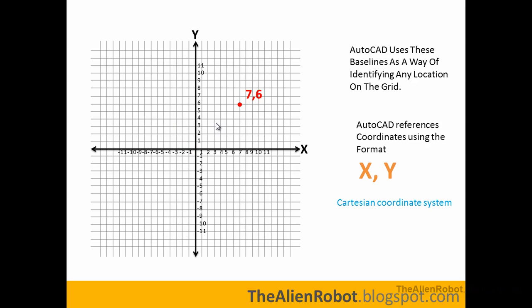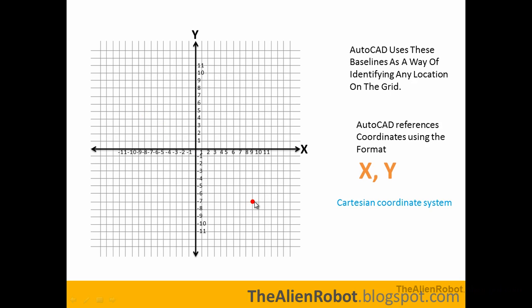Now we're going to pick some points and see if we can figure out their coordinate values. The first point is 7, 6: 7 in the positive x direction, and 6 in the positive y direction. The next point: it's -5 in the x direction and +3 in the y direction, so -5, 3.